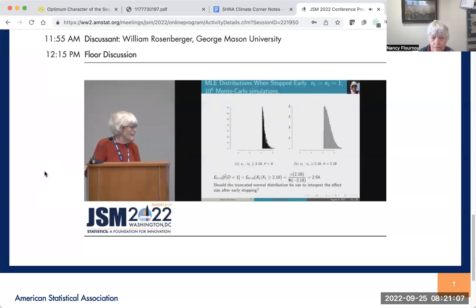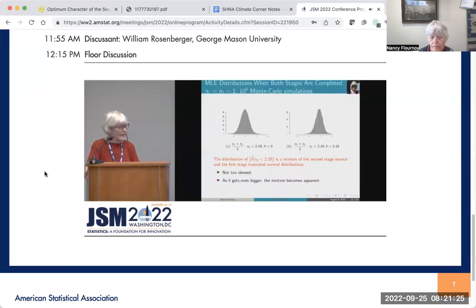I put at the bottom that I think there should be some discussion, because lots of studies stop early, and everybody wants to know what the effect size was. Calculating with respect to this density is quite different from calculating with respect to the normal you started out with.